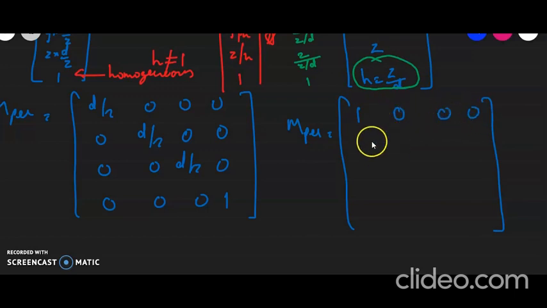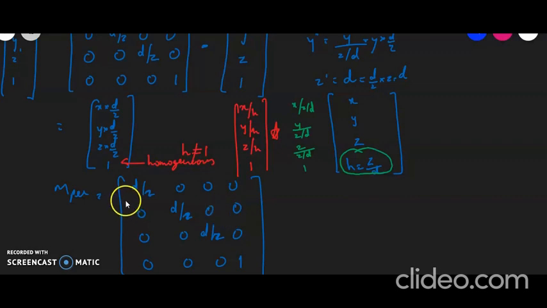So it will be 1 0 0 0, 0 1 0 0. The M perspective matrix that we had received has d upon z in all the values, and the last homogeneous value is 1. We are changing it to z upon d, and the rest values become 1, right? So we are just going to modify our M perspective matrix.